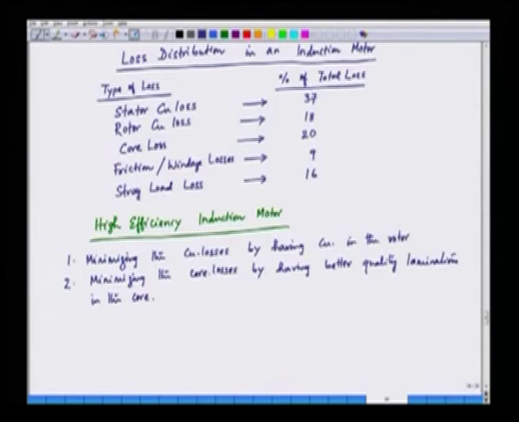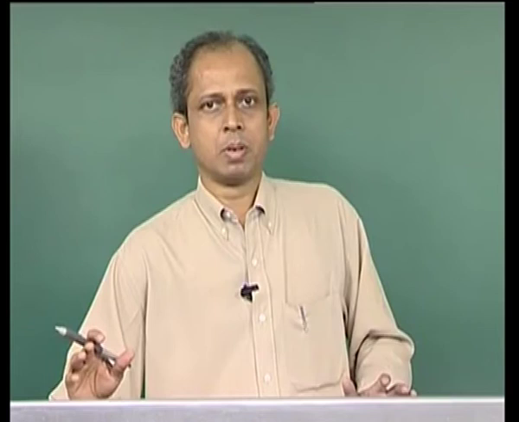And of course, the friction and windage losses are a part of the machine that cannot be reduced significantly. The friction will anyway be there, the windage losses will be there. If we have reduced losses, sometimes the motor is equipped with extra cooling fans. So, if the losses are minimized, the cooling fan can be dispensed with. If the cooling fan is removed or is not available with the motor, the windage losses will also be reduced.